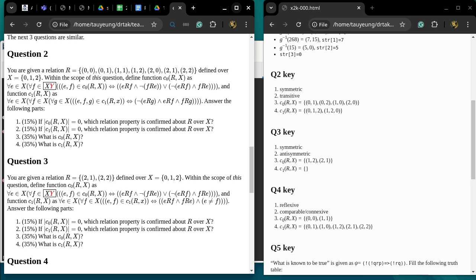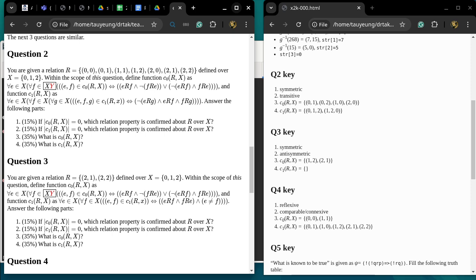Because this is one way to say ERF exclusive OR with FRE, which is also basically saying one but not the other. So if you have one but not the other, that means it is not going to be symmetric. Because in order for a relation to be symmetric, either both are missing, that's good, or both are present. So if one is here but the other one is not here, then it is not symmetric.